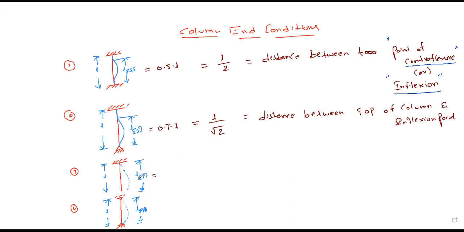What is the third one? Cantilever. So what is the effective length of the cantilever? 2 times L. You can represent this directly like this, 2 times L.